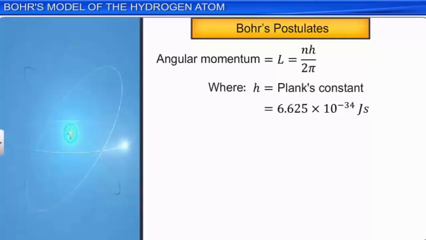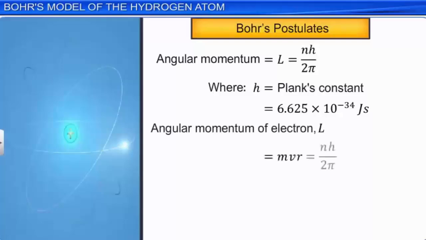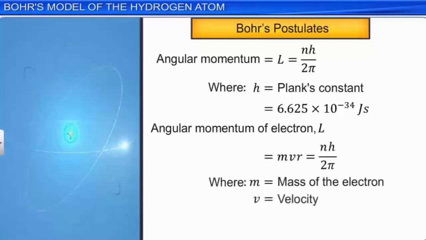Therefore, the angular momentum L of the electron is equal to mvr, which is equal to nh by 2π, where m is the mass of the electron, v is its velocity, r is the radius of its revolving orbit, and n is an integer. Let this be equation 1.